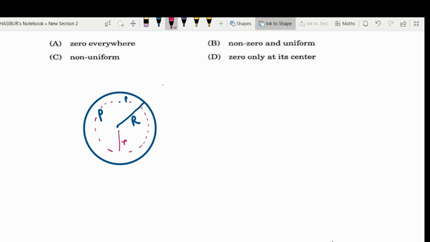Now, the Gauss law tells that the surface integral of electric field E dot ds equals q upon epsilon naught, where q is the total charge inside this Gaussian surface.